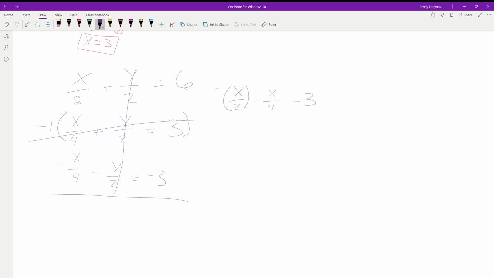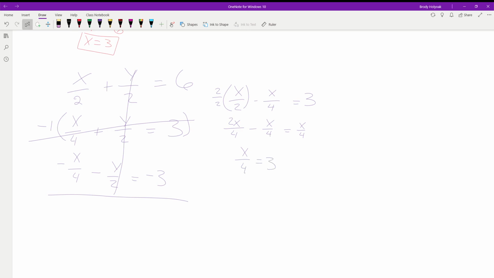So we're going to multiply this top and bottom by 2 because we want to get this to equal 4. So we have 2x over 4 minus an x over 4. So now we can just do this math straight across. 2x minus x is x over 4. So we have x over 4 is equal to 3.